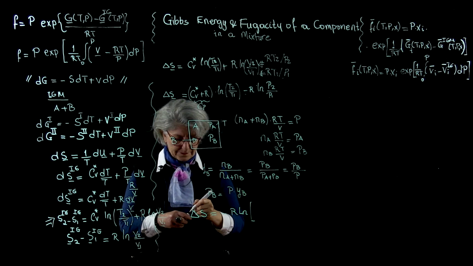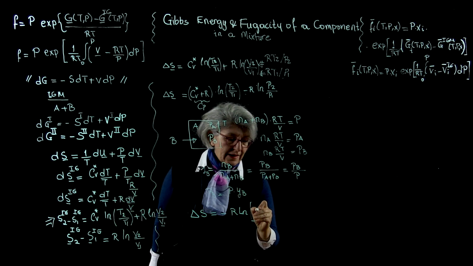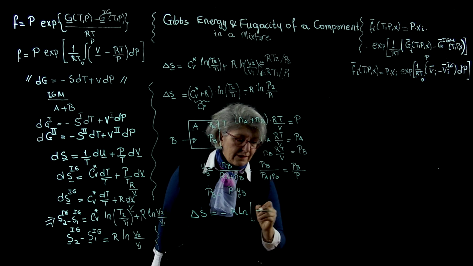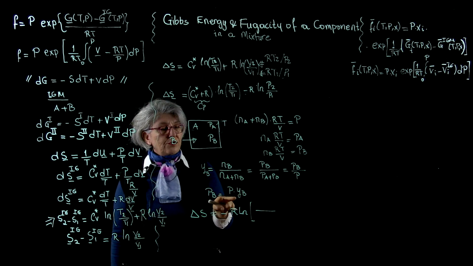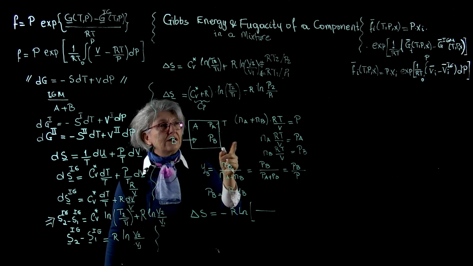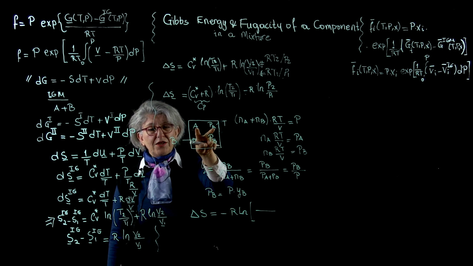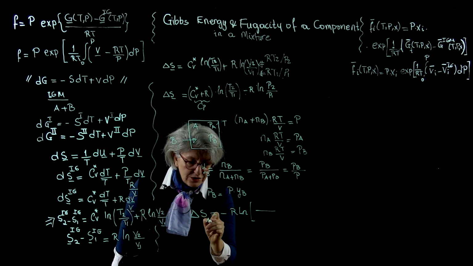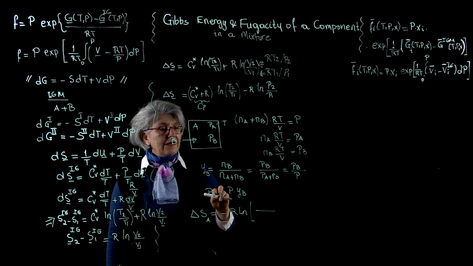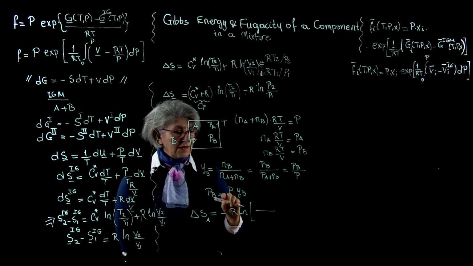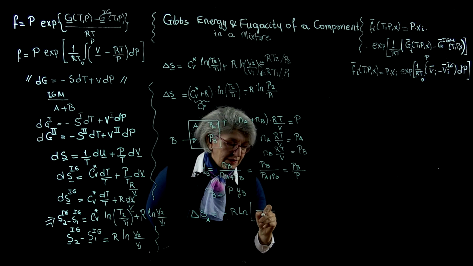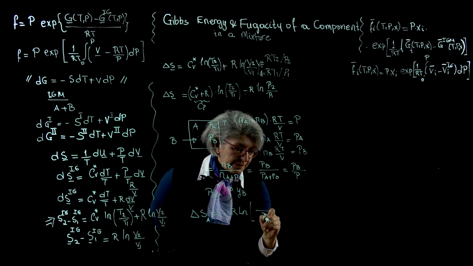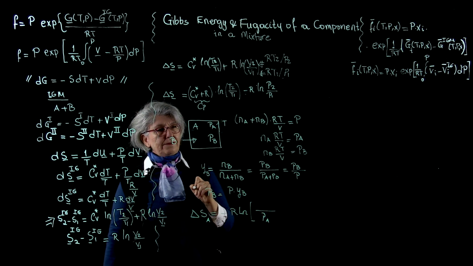Now let's see what the analysis is going to show us. I'm checking the entropy change of species A. What is the initial condition? Initially, it was at P sub A. All right?